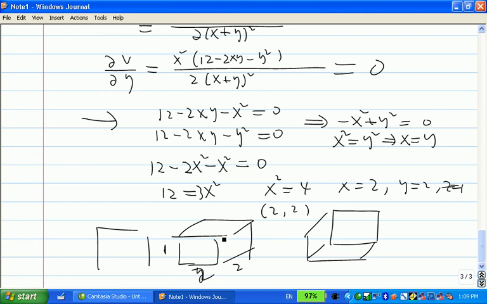Then you can check. If you use these dimensions, your surface area is going to be 12, and at the same time, the volume will be the largest.